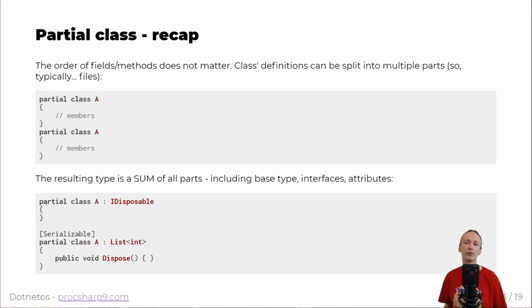It also may, for example, derive from one type, like here, it is deriving from the generic List collection, and also it has the Serializable attribute. So in the end, we have a class A defined in those two partial parts, which implements IDisposable, has a Serializable attribute, and its base type is List of T, in this case a List of int.